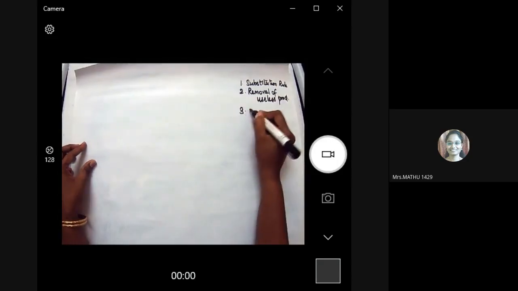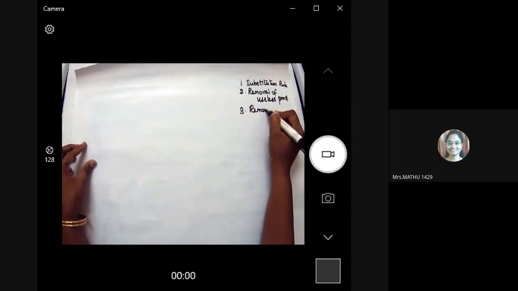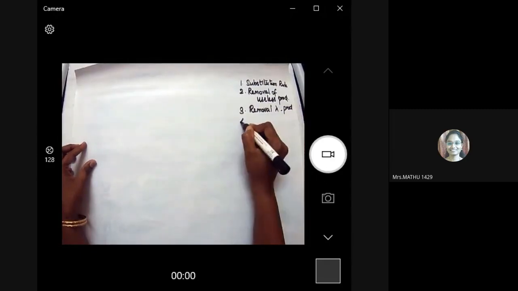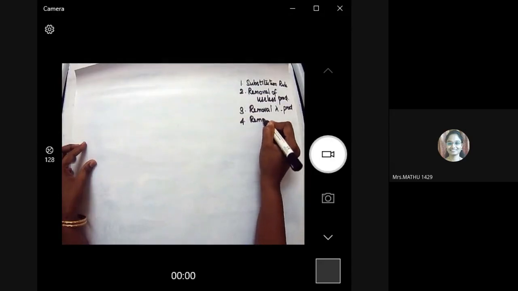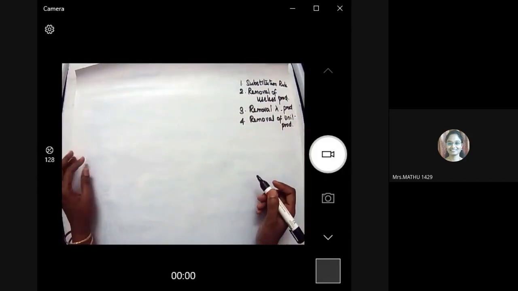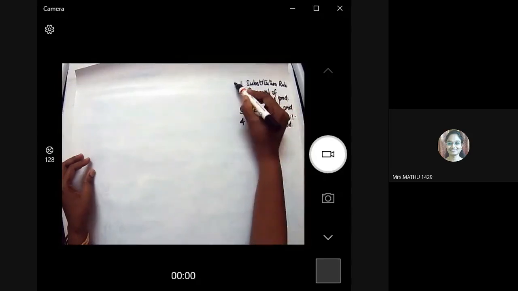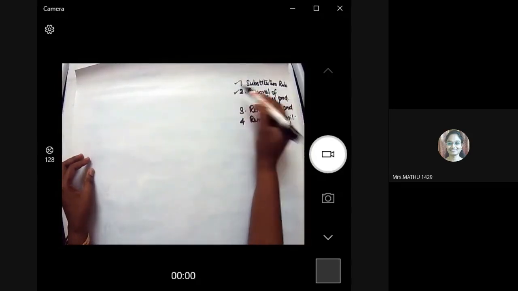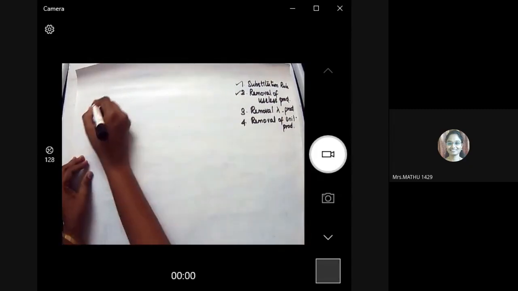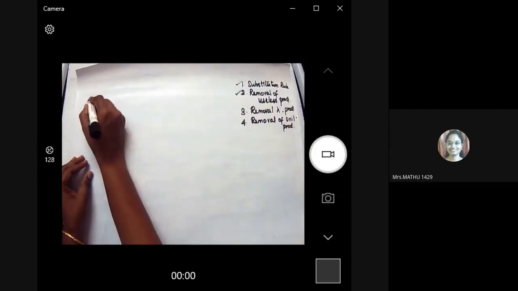The third one is removal of lambda productions. And the fourth one is removal of unit productions. I hope you have noted these down in your notebook. Yesterday we discussed the first two, substitution rule and removal of useless productions. Today we will start with the third one, removal of lambda productions.